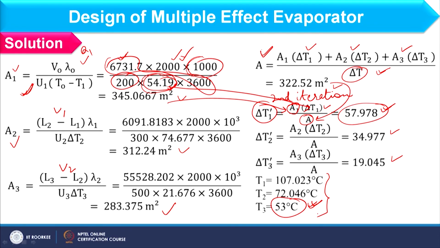So, now you have to repeat all steps considering these T1, T2 and T3 values, and next you have to find out L1, L2, L3 and so V naught, and so the area A1, A2, A3, and so the average area, and further you have to see whether deviation is there or not.